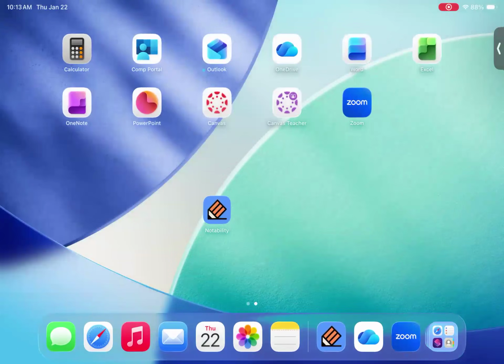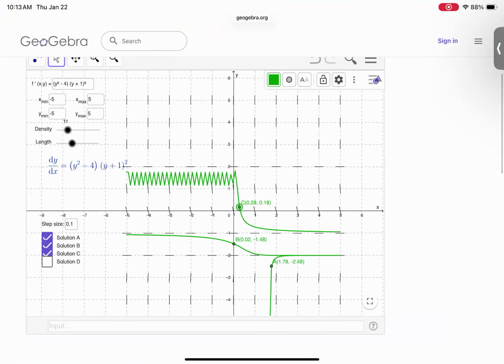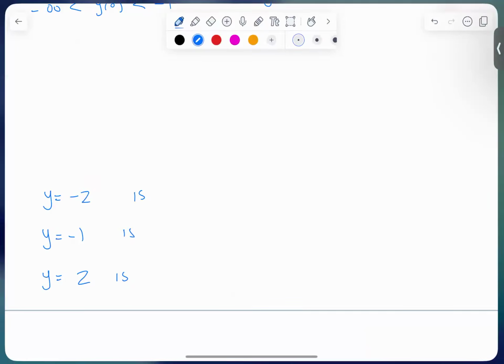All right, and then what kind of solution is -2? Asymptotically stable equilibrium solution.